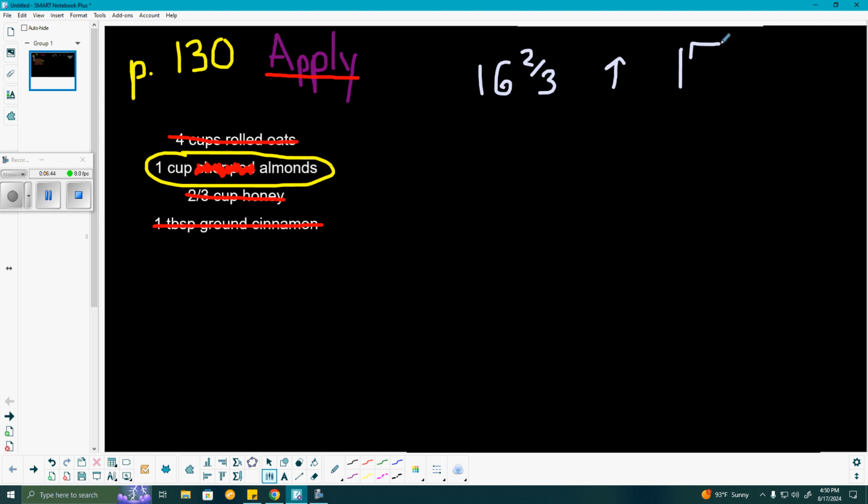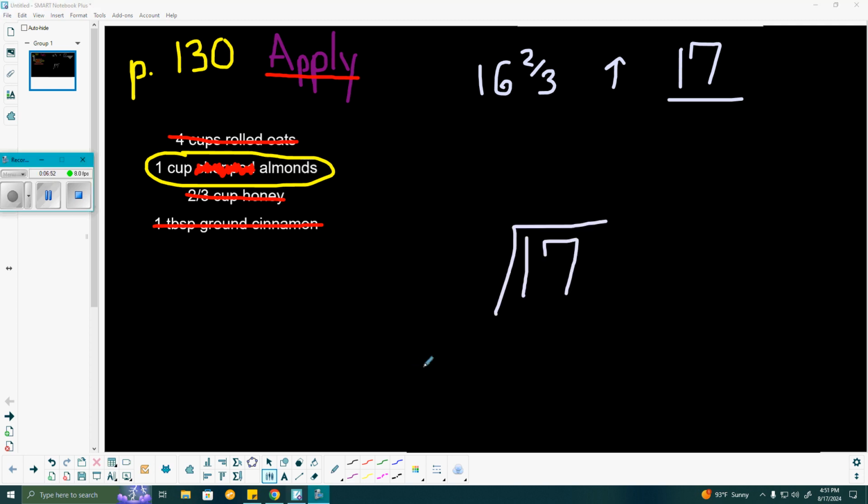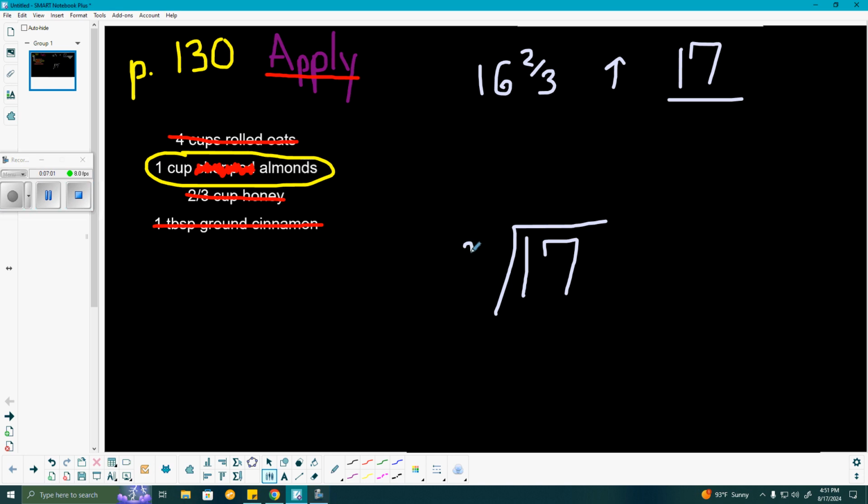To make this simple, we are going to round up and say that we need 17 cups of almonds. Now, the 1 pound of almonds contains 3 cups. So we're going to take the 17 cups that we need and divide it by 3.